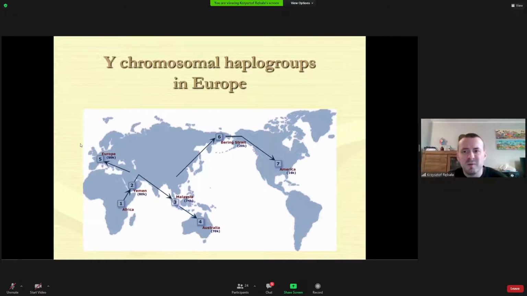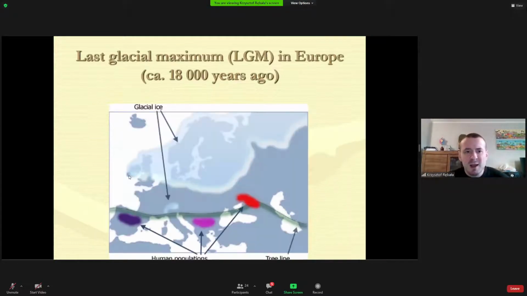During the last glacial maximum, which took place in Europe approximately 18,000 years ago, human populations survived only in several places on the continent. These are the populations labeled with different colors here, with violet, red, and pink.